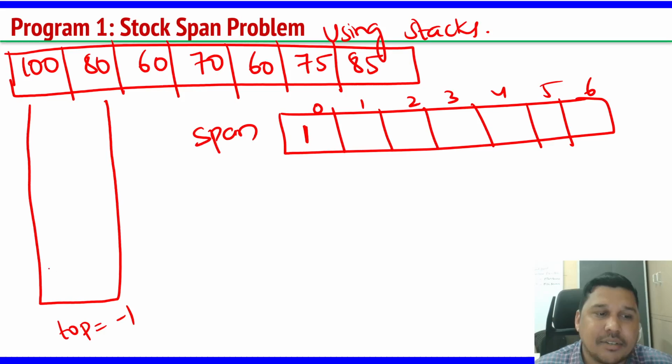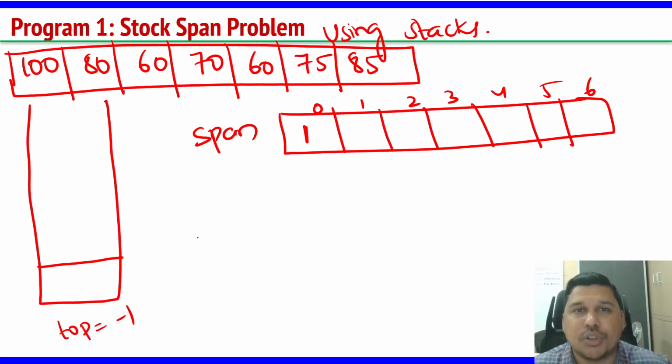Now insert the index. Try to understand the solution. It will take time for you to understand, but just see how I'm explaining. Maybe in a few minutes you'll understand it, but observe the steps I'm doing here. Initially I kept 1 here because for the first element there is no previous day.